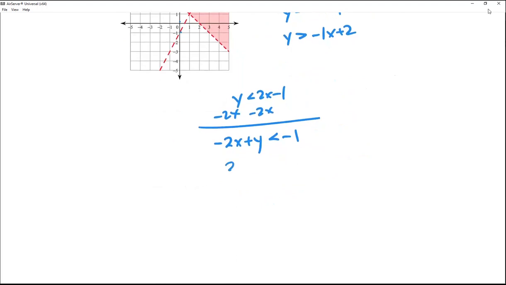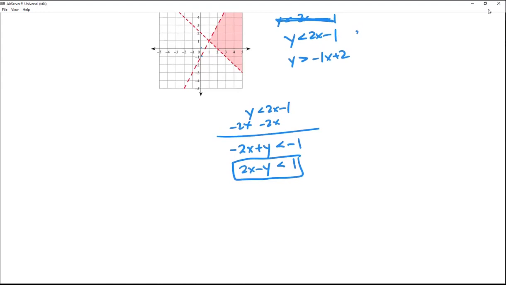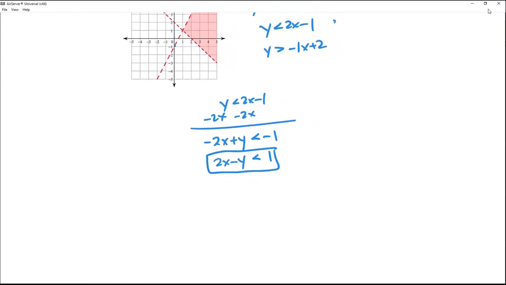So it'd be 2x minus y is less than 1. All right. And then the other one would be y is greater than -x plus 2. Add the x to the other side. It'll be x plus y is greater than 2. And that's it.